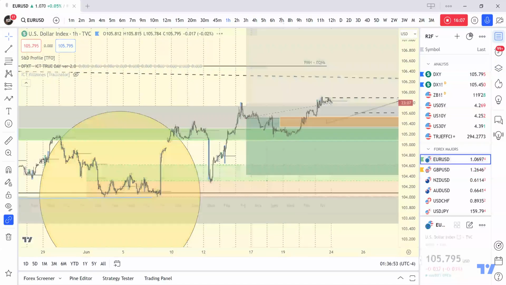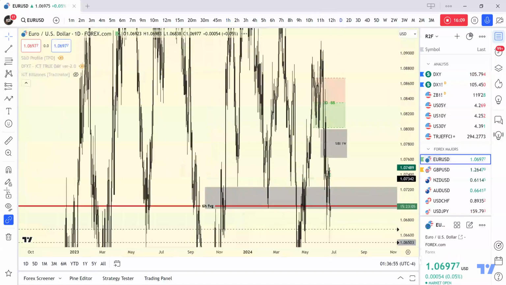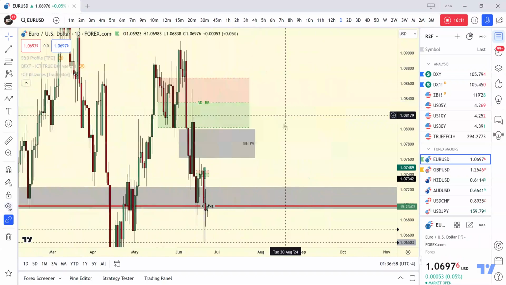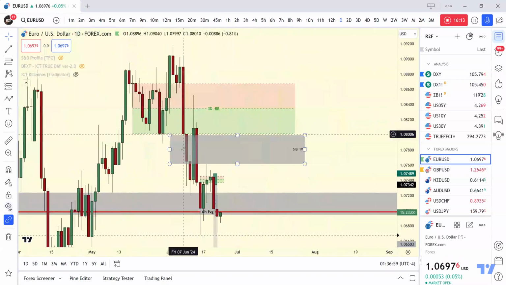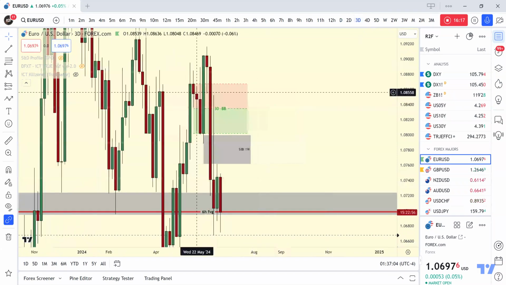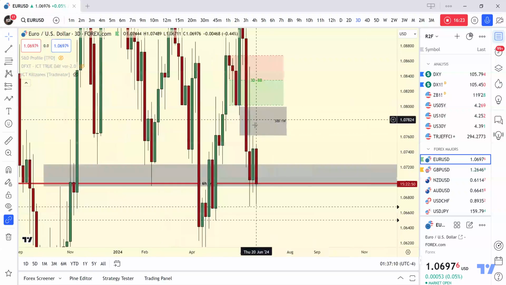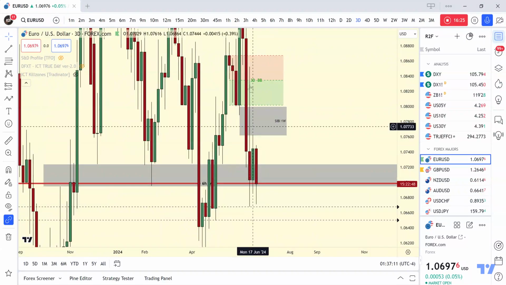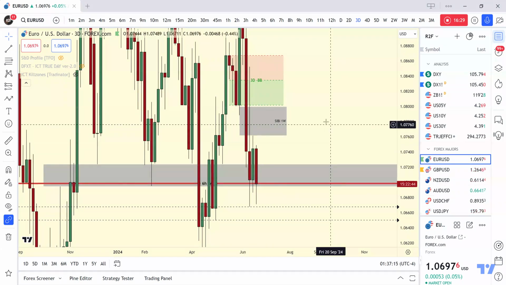Okay, so let's go to the euro. So a nice gap here on the daily, and as I mentioned, it's a 3-day breaker. Why do I like it? It's clean. Up, 3 candles down, up, like that. And when price is down here, yes, beautiful. I want to see it come up into there. Now, but we have this huge wick.